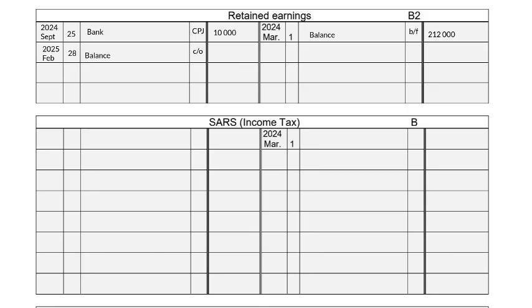And then on the credit side, 2025, February the 28th. We will go to our appropriation account.